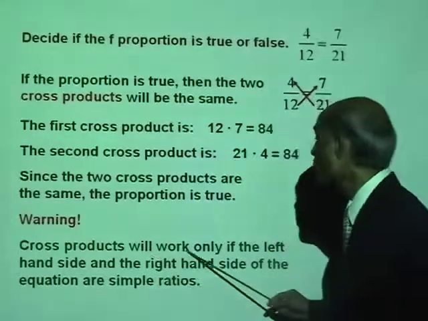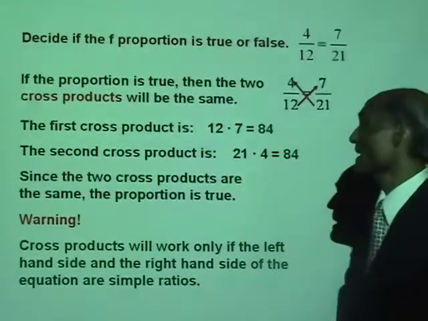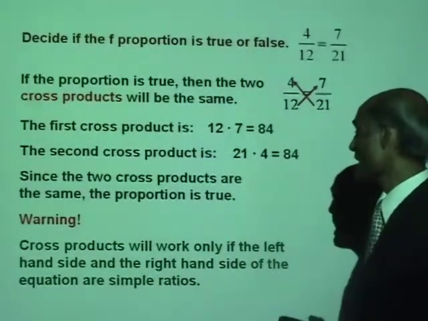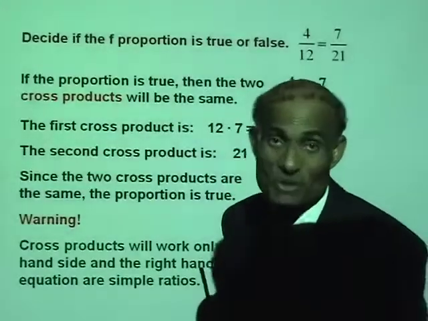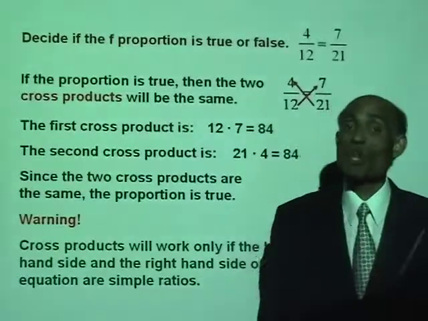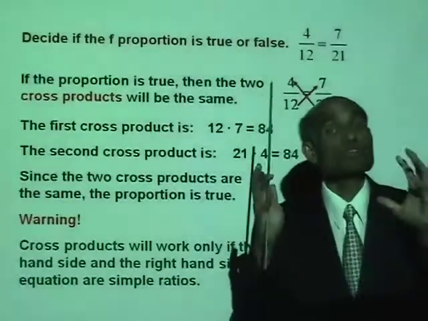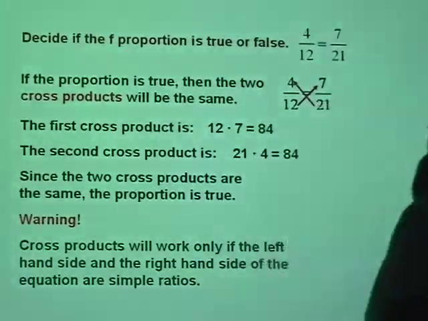Cross product will work only if the left hand side and the right hand side of the equation are simple ratios. Cross product will not work if the two sides are not simple ratios.